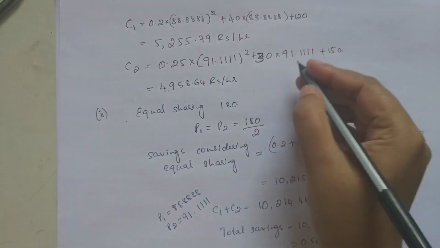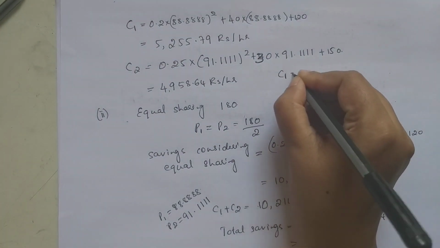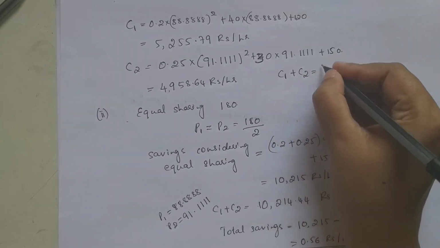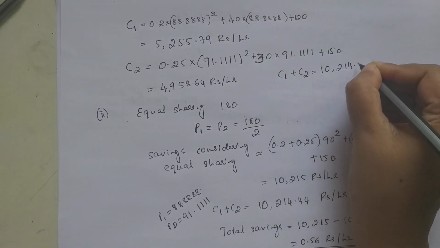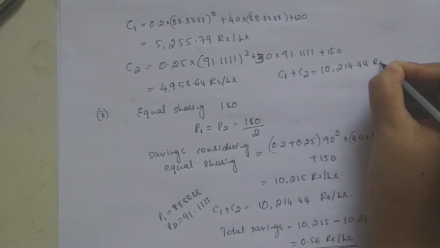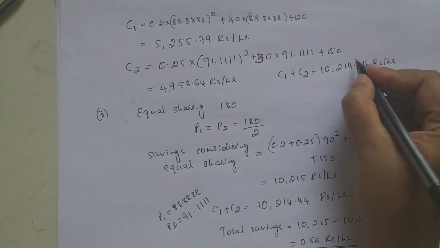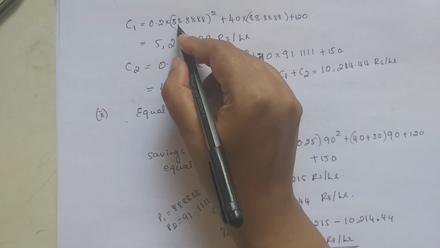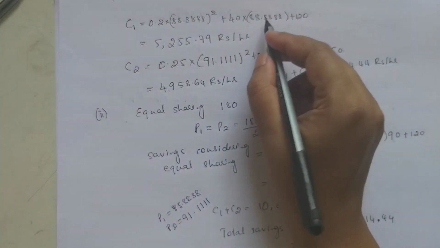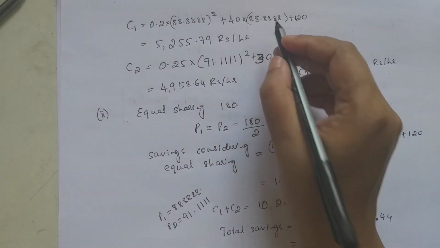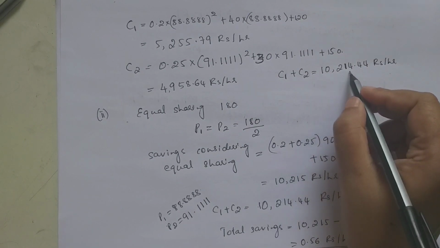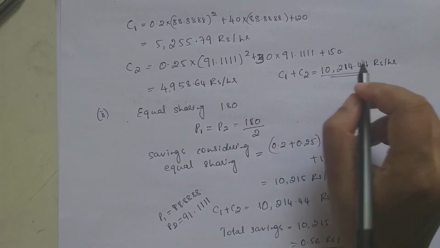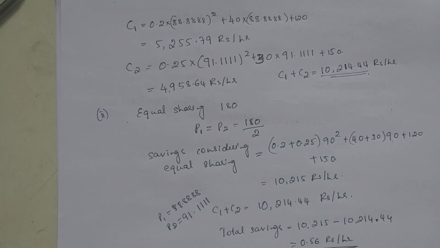Adding both we get the corresponding total cost C1 plus C2 is equal to 10,214.44 rupees per hour. Okay, it may vary if you are considering 88.88 and 91.911, then you may get 10,230, no problem.